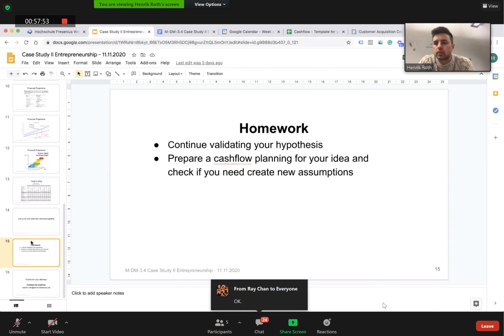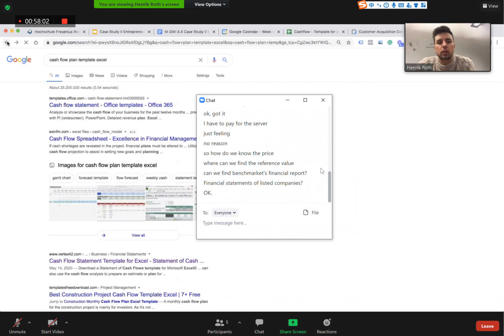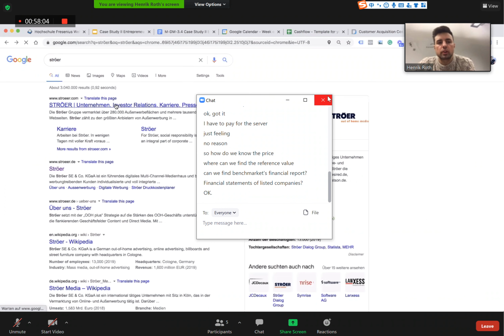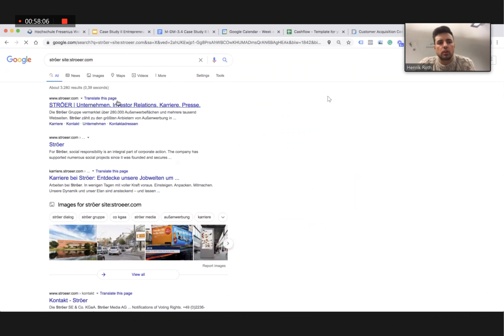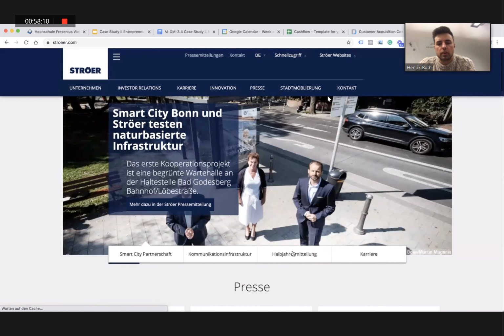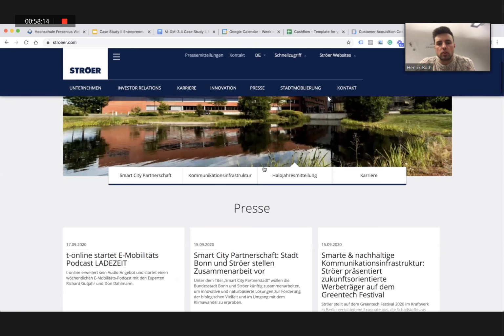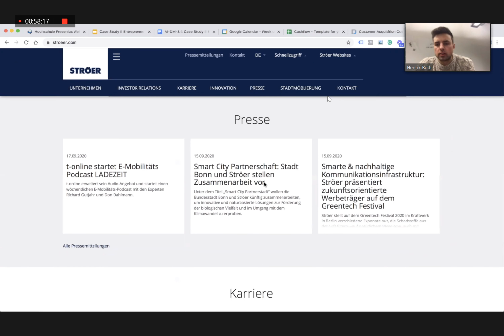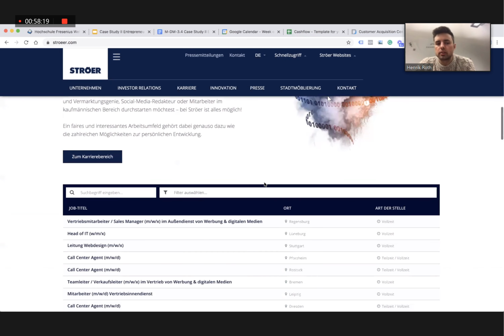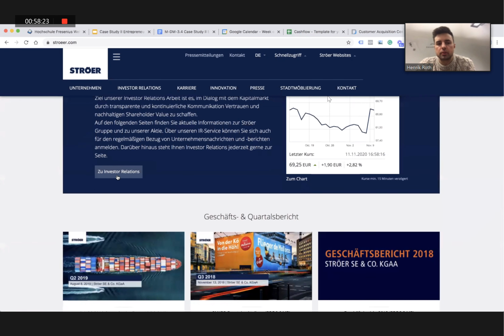Financial statements of listed companies. Yes, sure, you have them. For example, Ströer or Ethan, you can look them up. Look, it's here, investor relations, and then maybe the Halbjahresmitteilung. If they are publicly listed, they have to publish their numbers.